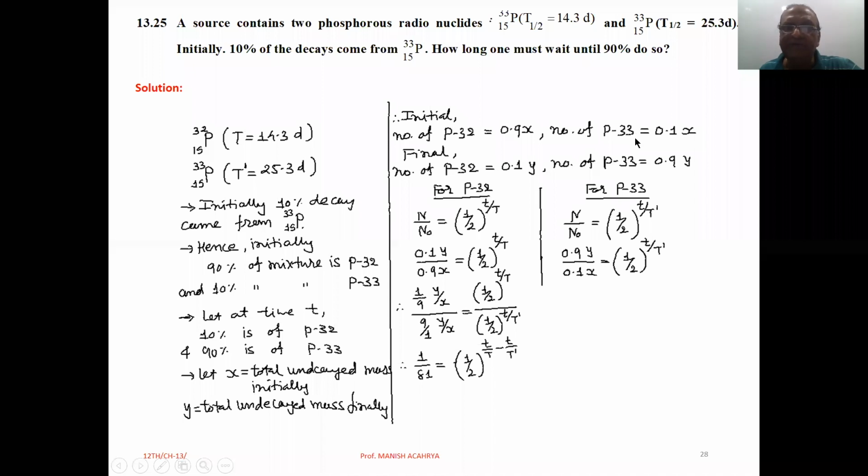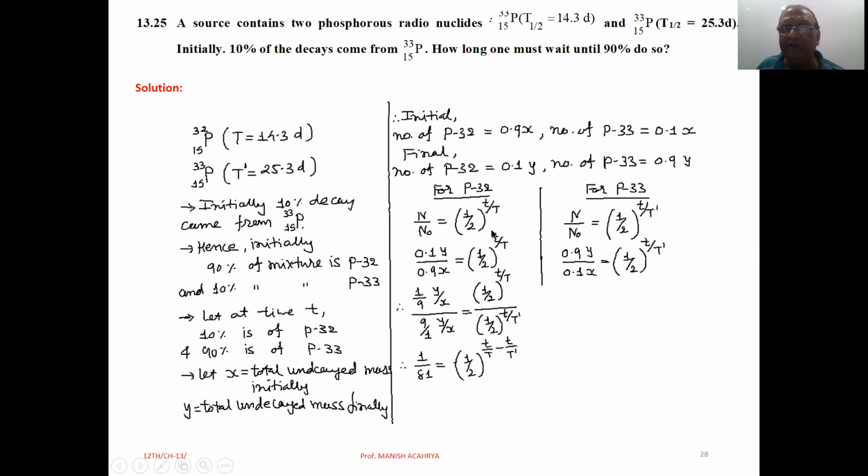Then finally the number of P32 becomes 10%, so 0.1 y, and P33 becomes 90%, so the number of P33 is 0.9 y.